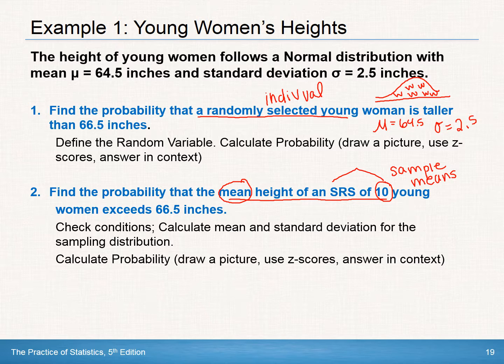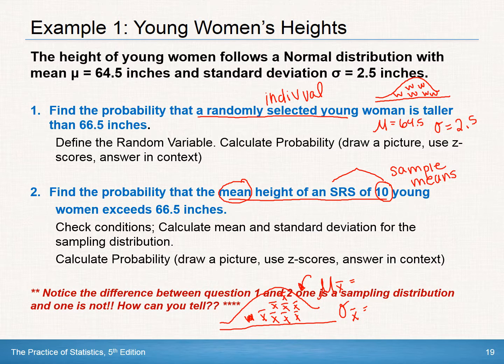Because it says mean height. So this sampling distribution would be the mean of all of those women's heights. Groups of 10, what are their means? When I describe the mean and standard deviation, I have to put that x bar there to say I'm looking at a distribution of all of the average heights of 10 women.